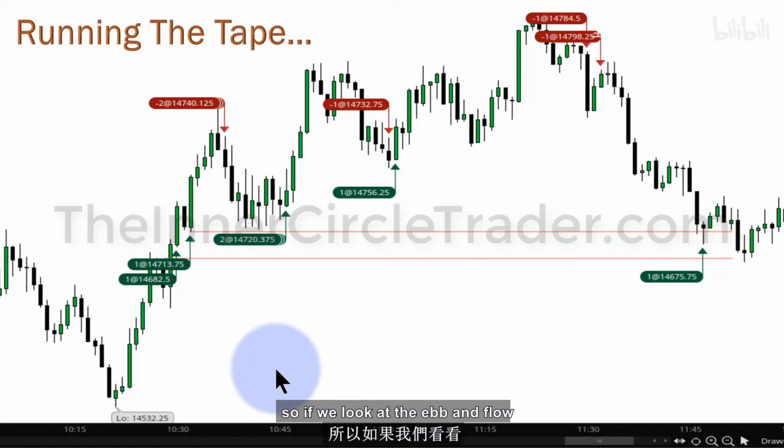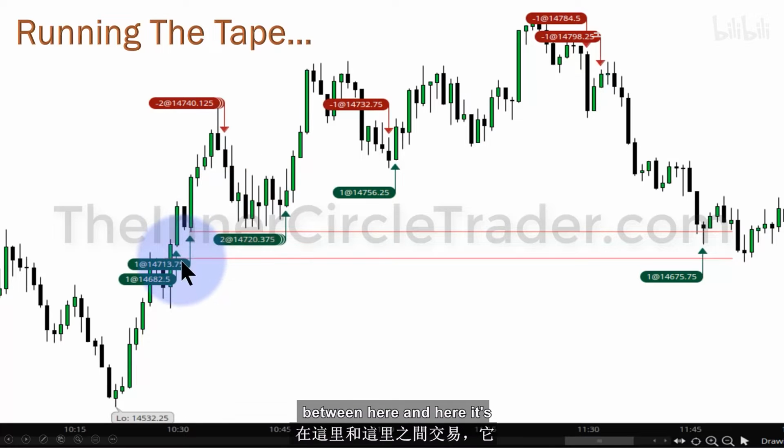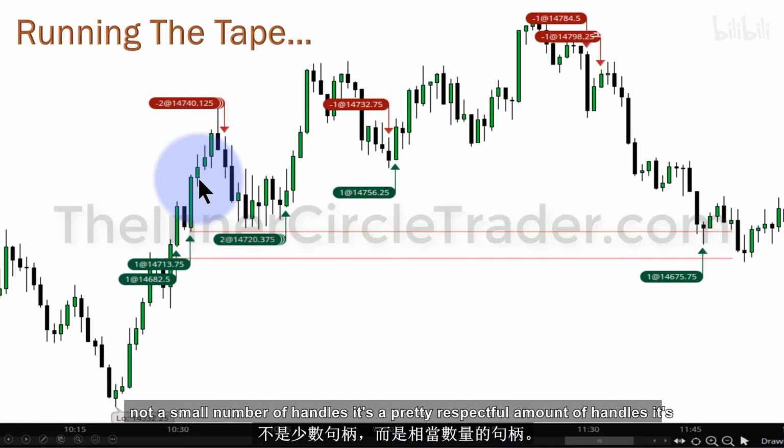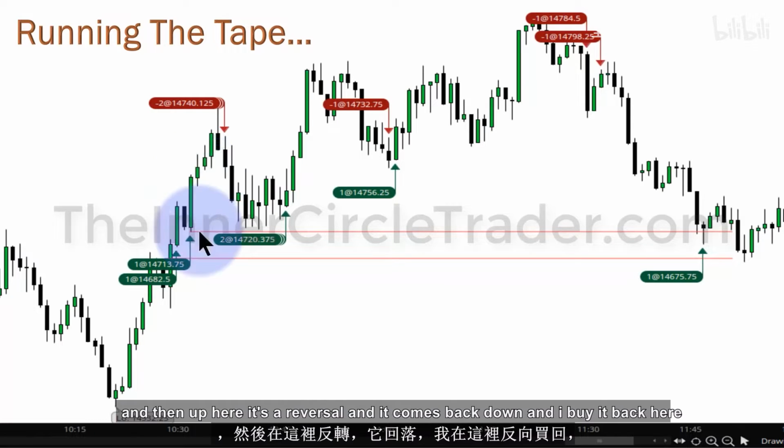So if we look at the ebb and flow of all this here, where the market's trading up, between here and here, it's not a small number of handles. It's a pretty respectable amount of handles. It's not a couple, it's not a handful. And then up here, it's a reversal, and then it comes back down, and I buy it back here in reverse.